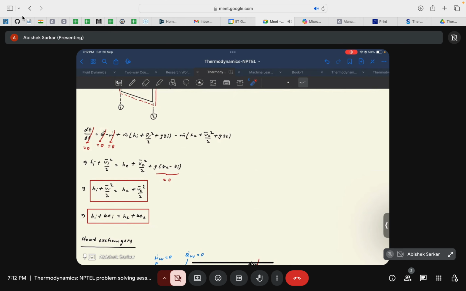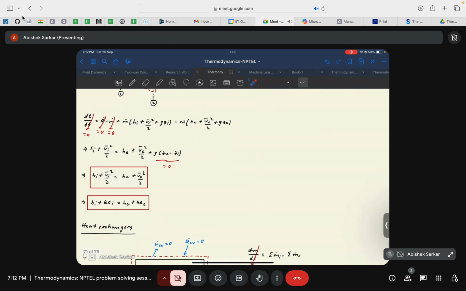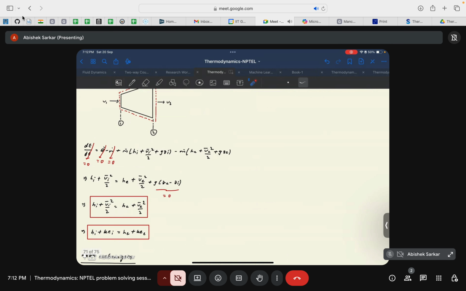So we are left with m dot times (hi plus vi square by 2 plus gzi) minus m dot times (he plus ve square by 2 plus gze). These nozzle and diffuser are single inlet and outlet devices, so we are not considering the summation term. Then you are left with hi plus vi square by 2 is equal to he plus ve square by 2 plus g(ze minus zi).